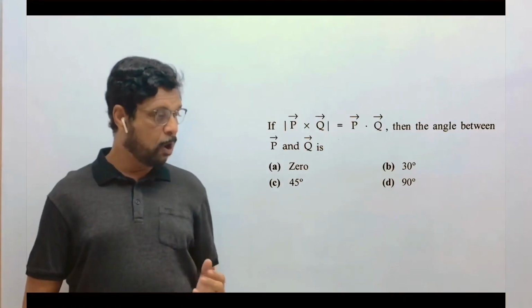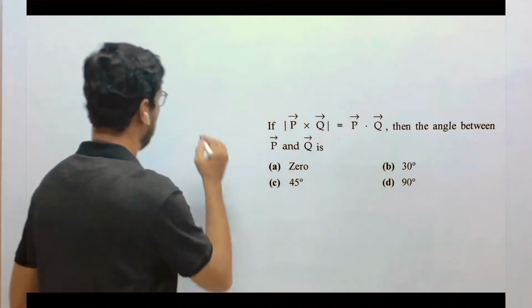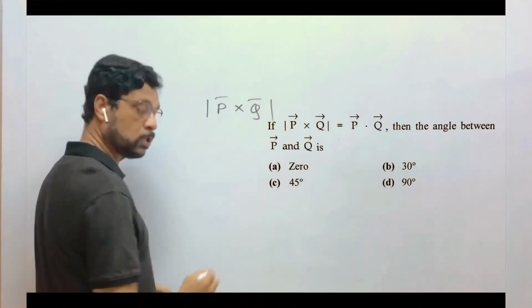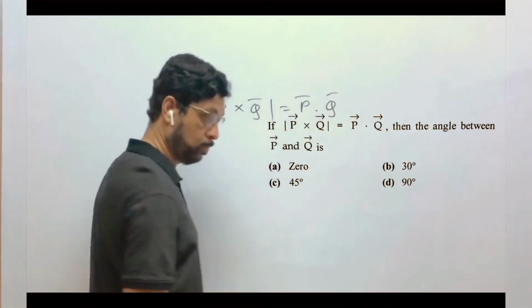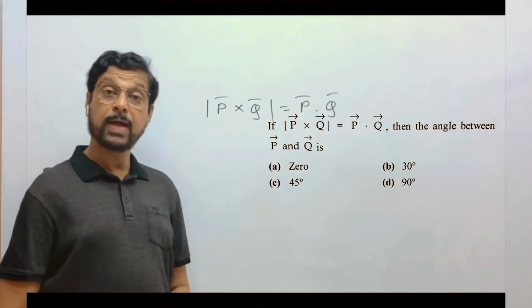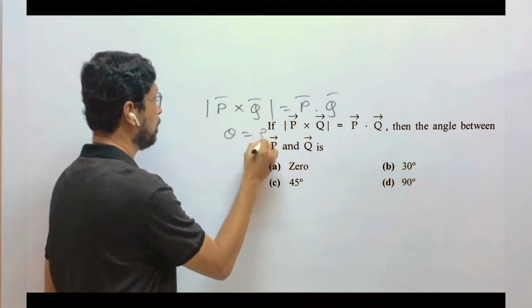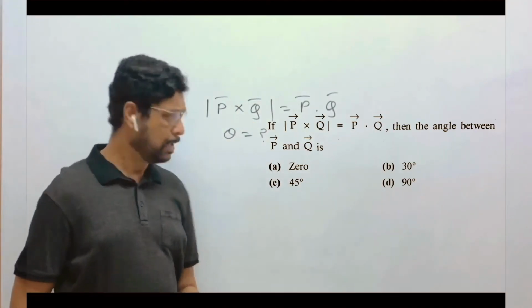The next question says, if mod P cross Q is equal to P dot Q, magnitude of P cross Q is equal to P dot Q, then the angle between P and Q, we have to find theta, the angle between P and Q. Very simple.